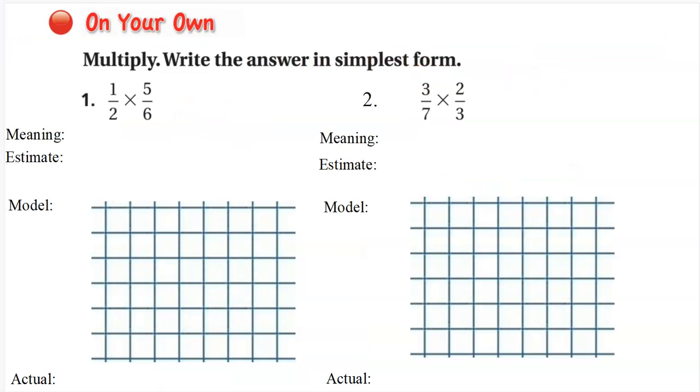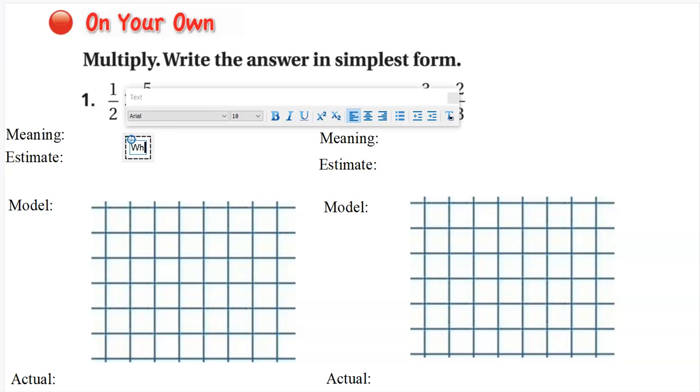Okay, let's do another example. There's 2 more examples. We're going to do the meaning and then the estimate. I'm going to go ahead and type in the meaning for this one. It's kind of small, I'll make it bigger. What is 1/2 of 5/6?